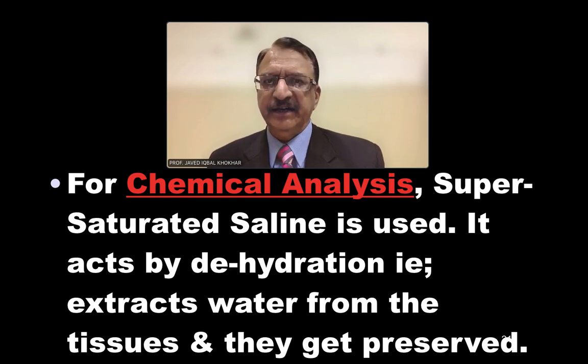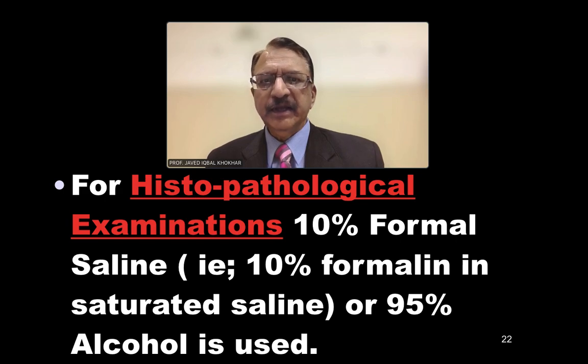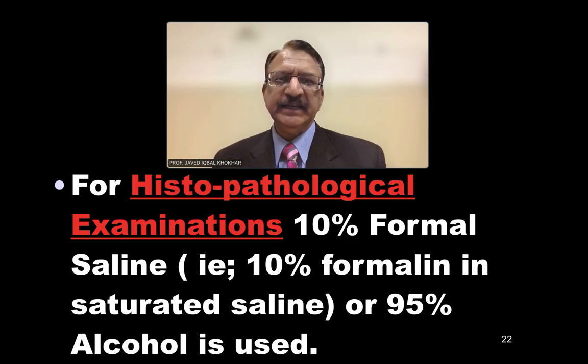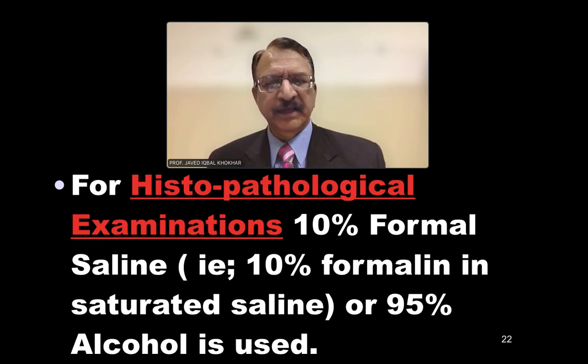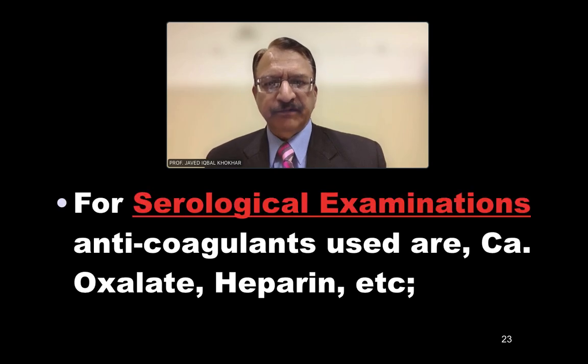They get dehydrated and hence get preserved. And for histopathological purposes, it is 10% formal saline. 10% formalin is added in saline, or 95% alcohol is used for histopathological specimens. For serological examination, the anticoagulants used are calcium oxalate, heparin, or any other anticoagulant, to prevent the coagulation.